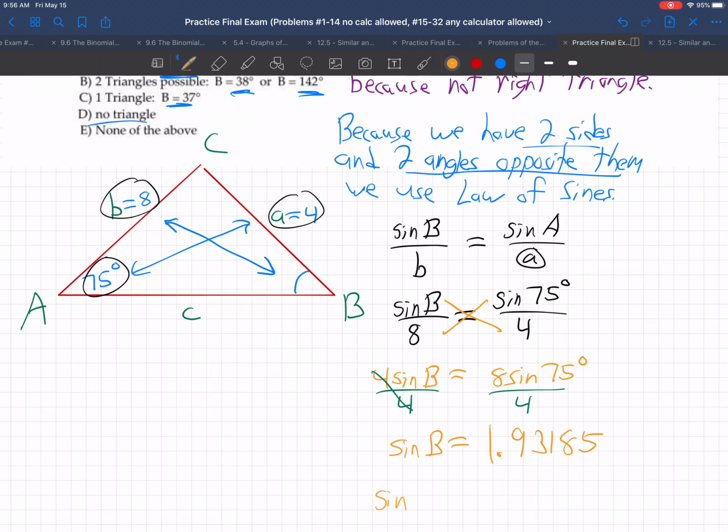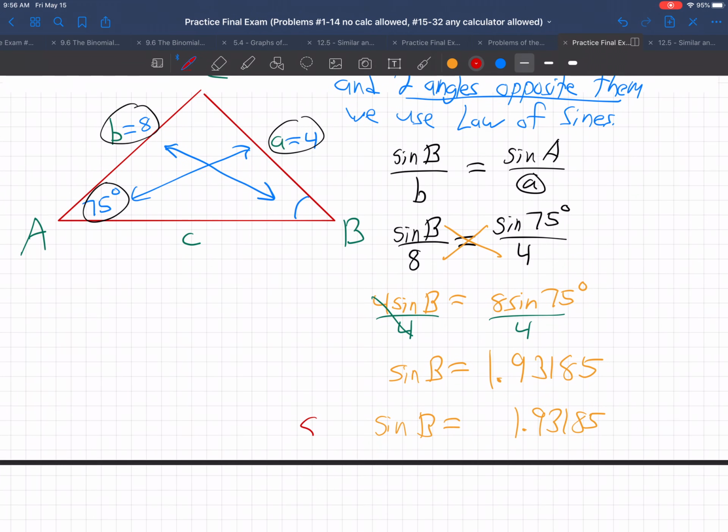So how do you get rid of that sine so that B can be alone? Well, you do sine inverse. Sine inverse cancels out.